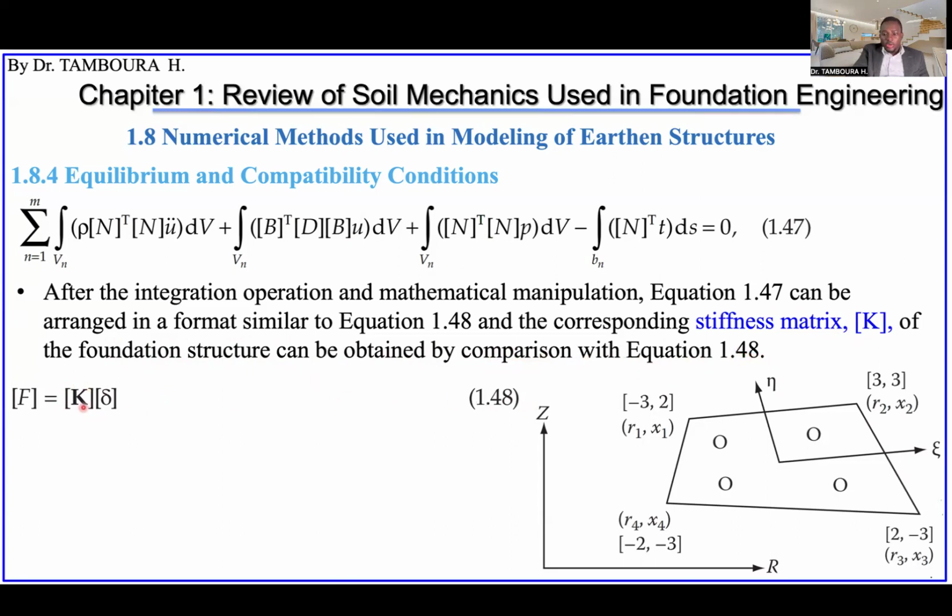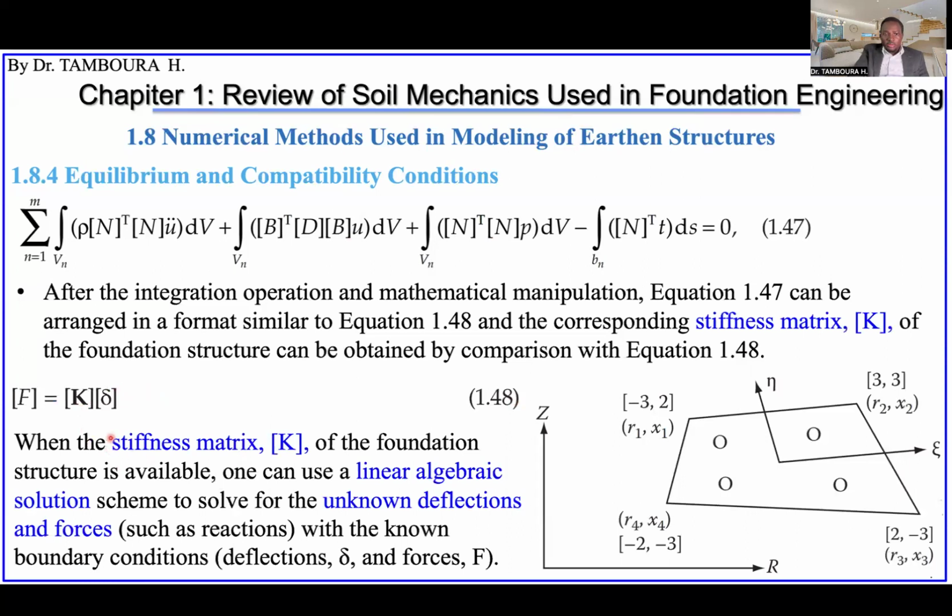Okay, then when this stiffness matrix of the foundation structure is available, we can use linear algebra solution, okay, to solve the unknown deflection and force. This is the force, this is the deflection, displacement, this is force, okay? Like reactions with the unknown boundary condition.